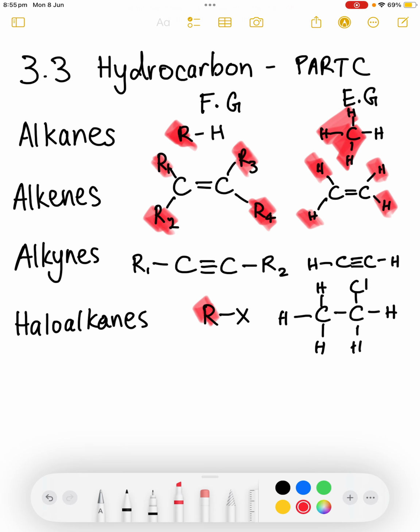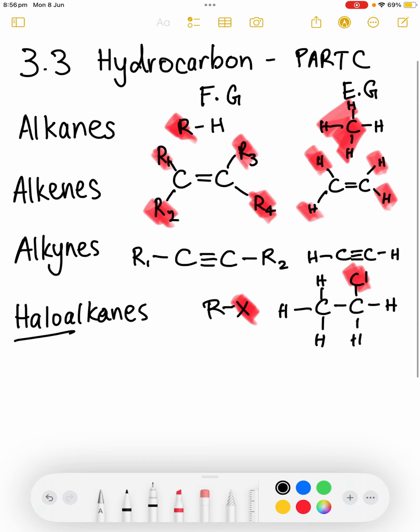Let's just erase that and put that as R. And we've got Cl, which is there. Now with a haloalkane, the main thing to see is that there is a halogen attached to a carbon with a hydrocarbon attached to that.